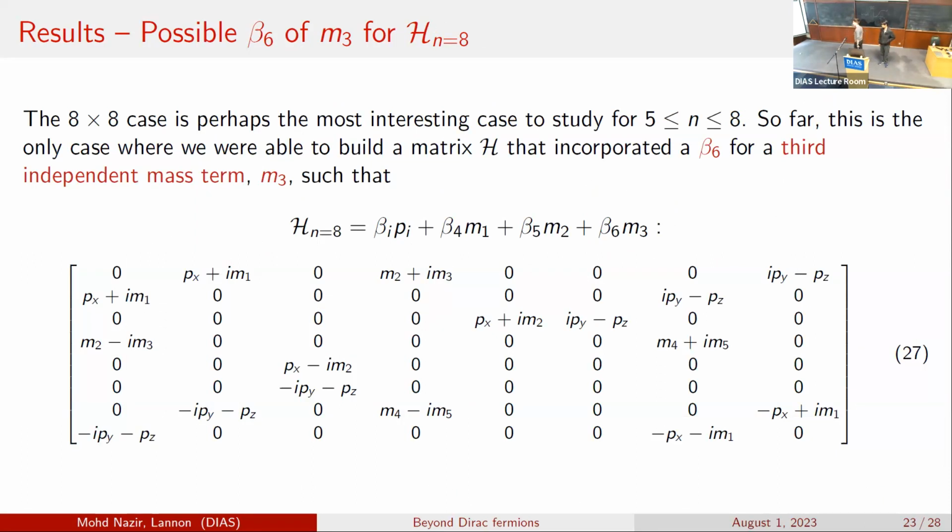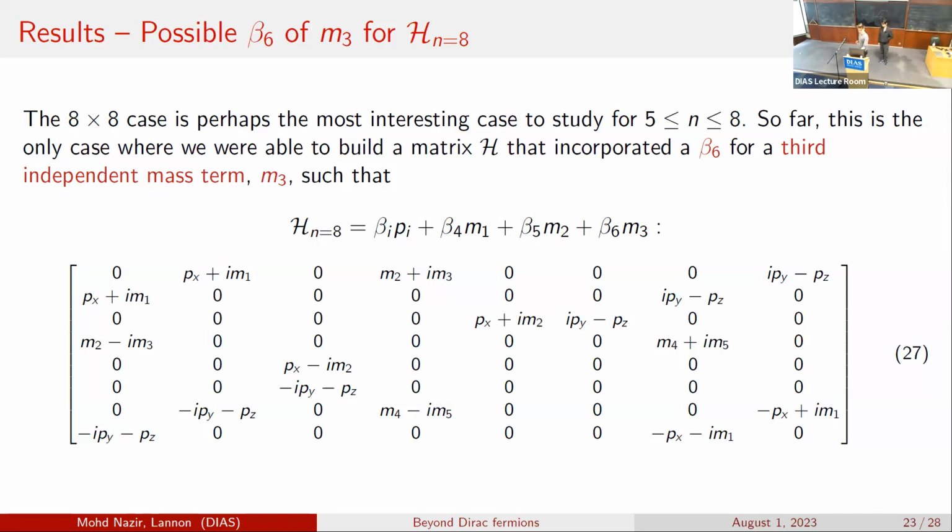And finally, for n equals 8, in this case we were able to, because of the size of the matrix, it was easy enough to include the third mass term with beta 6 in the Hamiltonian. This is the form of the Hamiltonian density with the addition of this beta 6 M3. And then again, the Hamiltonian density in its matrix form.